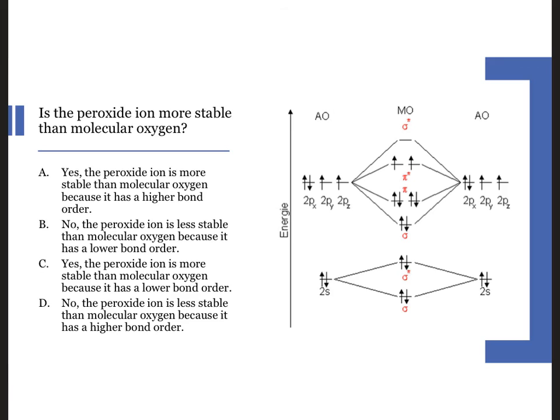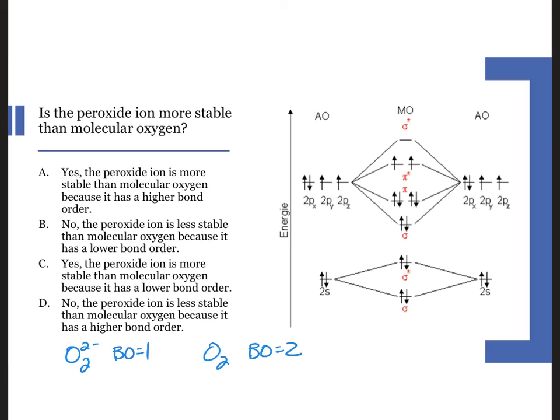This question asks us to compare a couple of different concepts we've reviewed in this lecture. Essentially we're looking for, is O2 2- with its bond order of 1, which we calculated a couple slides back, going to be more stable than O2 with its bond order of 2?